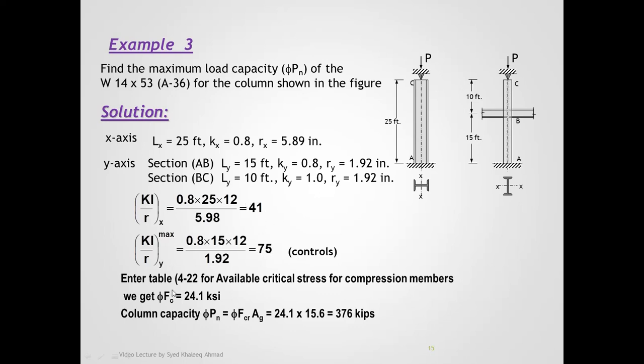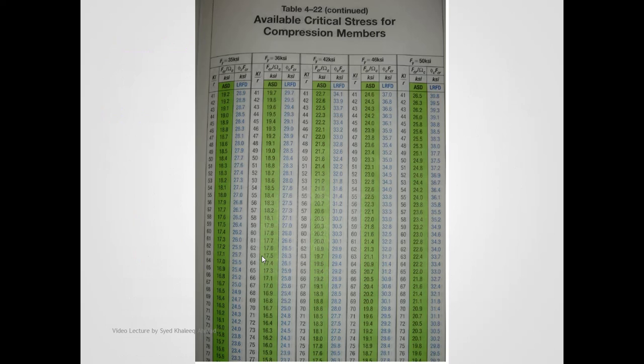Now we go to Table 4-22 for available critical stress for compression members, and we get phi Fcr equal to 24.1 ksi. As you see here the value for KL by r is 75, so there is no need to do any interpolation. This is a whole number, so we can directly calculate the corresponding value.